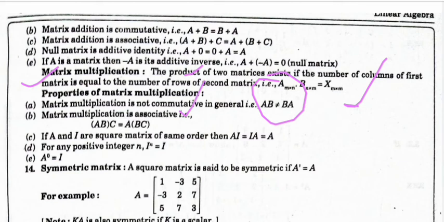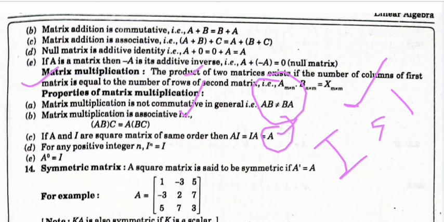Property C defines that if A and I are square matrices of the same order, then A I is equal to I A is equal to A. Yes, because I is like 1, so we get A itself.